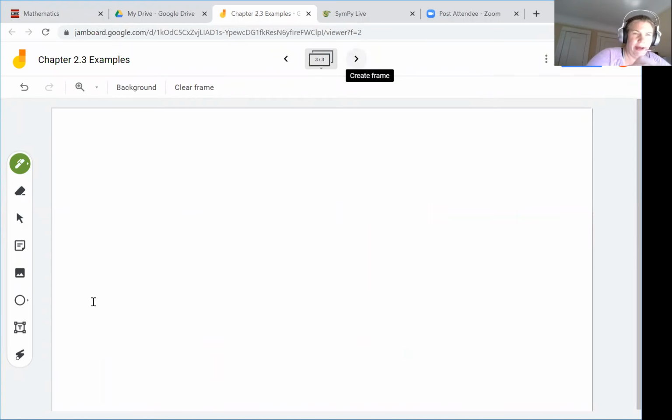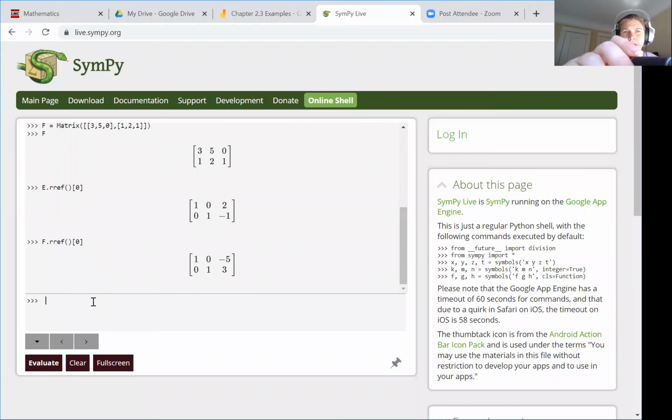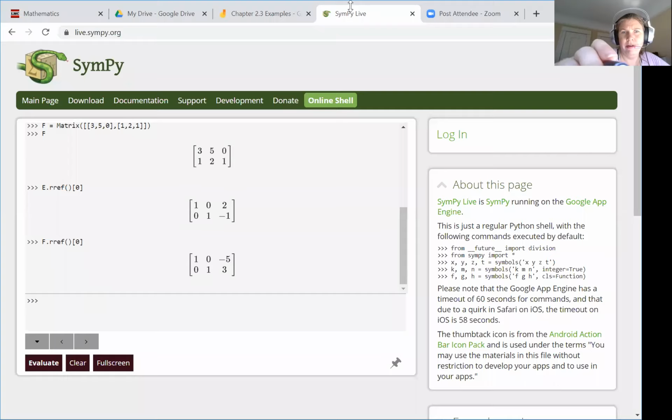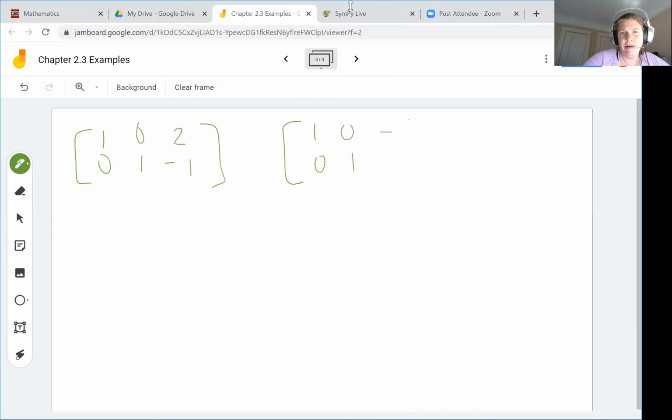All right, so I have the first matrix 1, 0, 0, 1, 2, negative 1. That's from Sympy. And then the second matrix is 1, 0, 0, 1, negative 5, 3. Also reduced using Sympy.